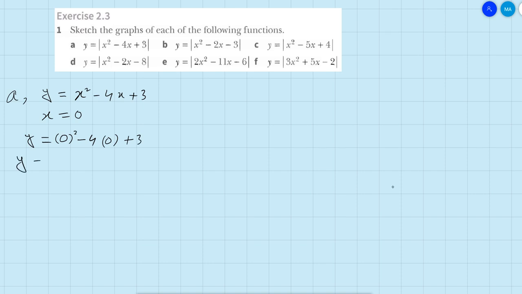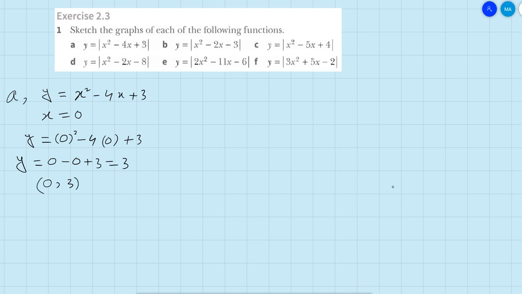So y equals 0 square is 0, minus 4 into 0 is 0, plus 3. So 0 minus 0 plus 3 is 3. This is the y-intercept. So the first coordinate is 0 comma 3.